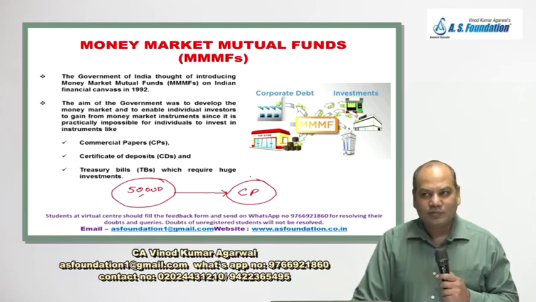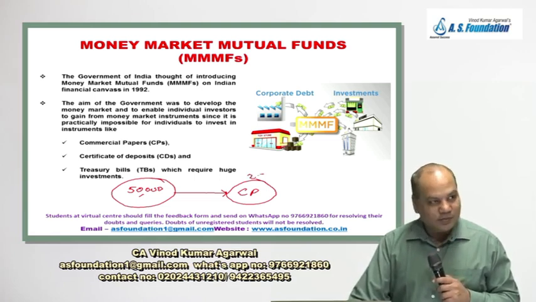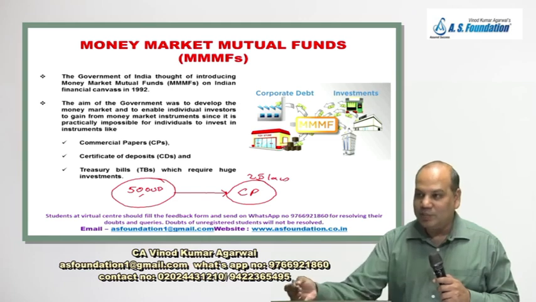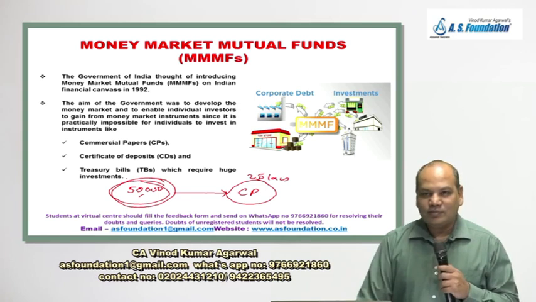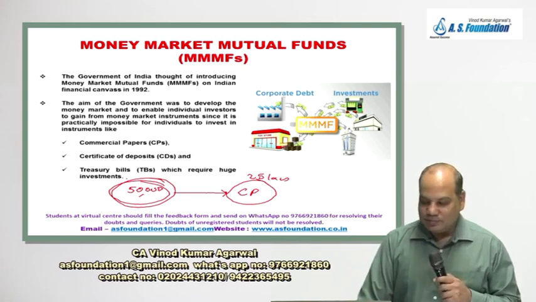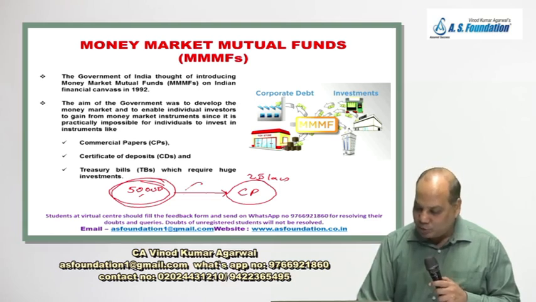Minimum 25 lakh, dear. Then in multiples of 5 lakh. And you have only 50,000. Still you want to invest in commercial paper. Between you and commercial paper, there is MMF.